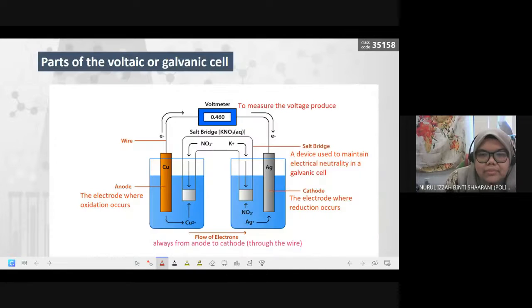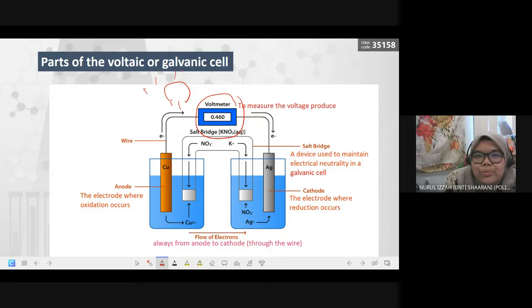Okay, so saya tukar ni slide. Sekarang, so part of the voltaic or galvanic cell. So ni yang sama, ni ada juga saya tunjuk contoh sebelum ni. So you have a voltmeter to measure the voltage produced when you have two half cell ini. So basically ada juga voltmeter, sometimes juga dia akan connectkan dengan kadang-kadang dengan bulb, lampu.